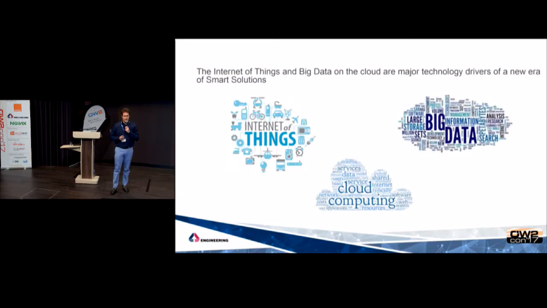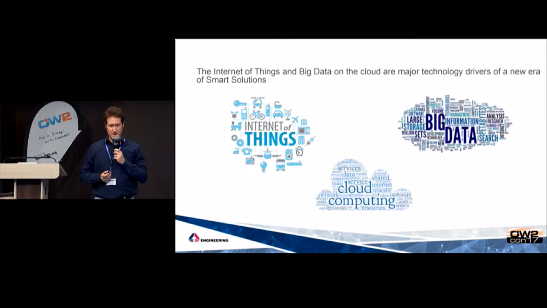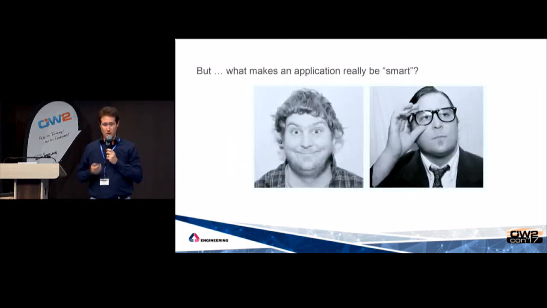So today, Internet of Things, big data, and cloud are the major technology drivers of a new era of smart solutions. But actually, what makes an application really smart? If you want your application to be IoT enabled and smart, the key point is that the application should be context aware.